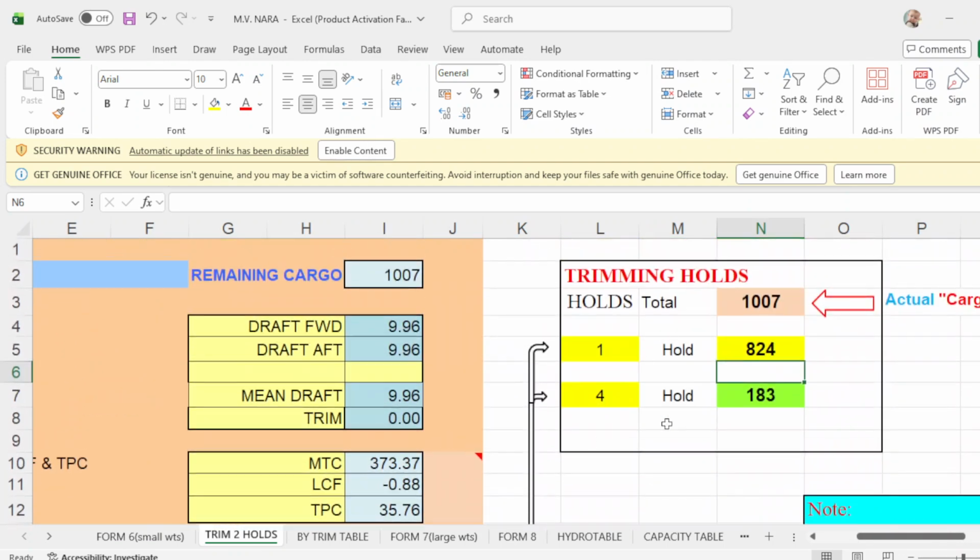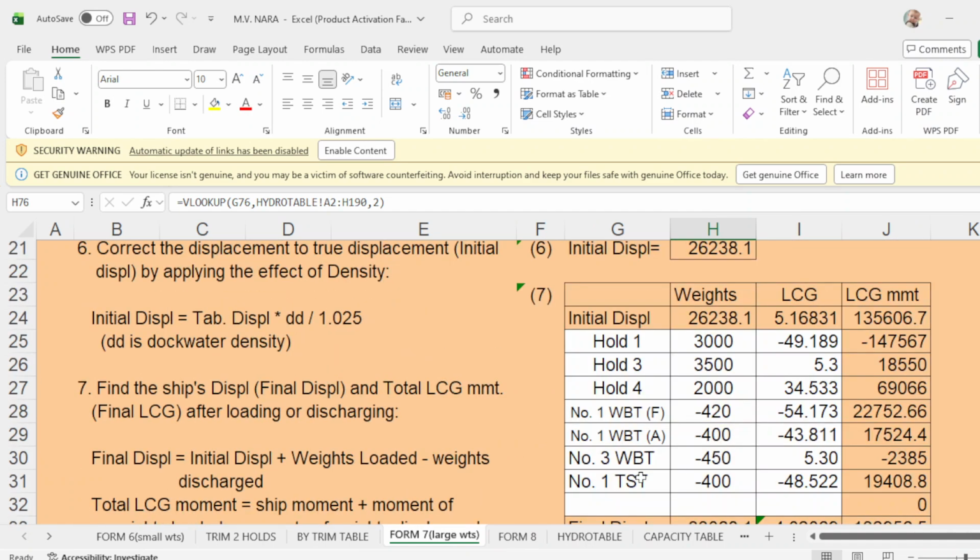Okay, 1 and 4 only loading. But in our example, you are loading cargo and discharging ballast here. So there are two different situations, but I'm just showing you how to do it.